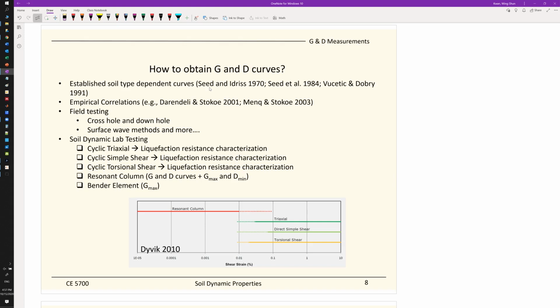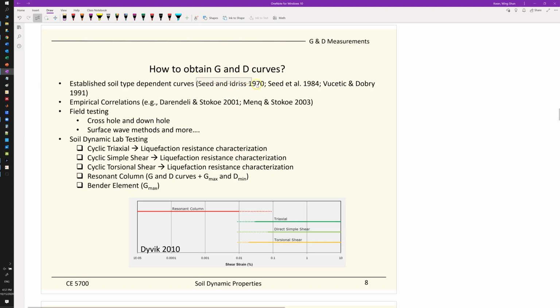So Seed is kind of a pioneer who looked at this issue, and he established a few curves for engineers to use for the analysis, and also Seed established the equivalent linear site response analysis, which we will talk about too. So pretty much he did a lot of work in this subject.